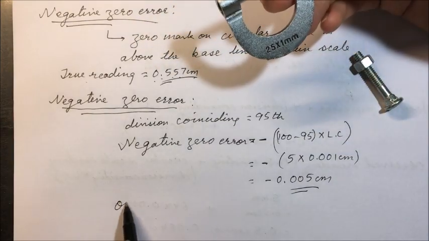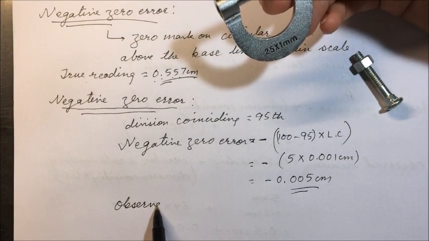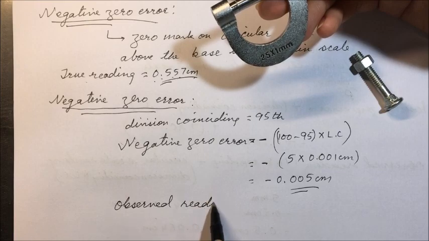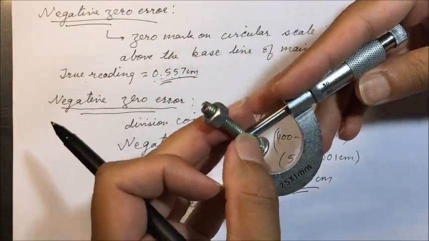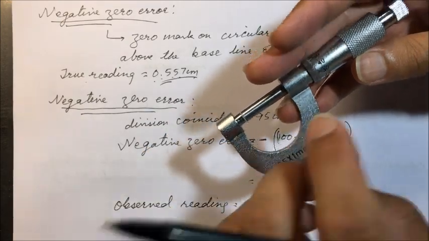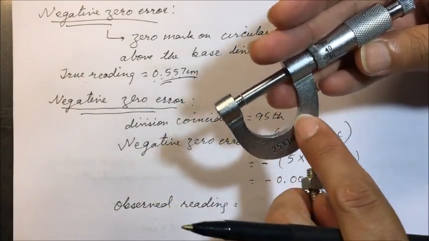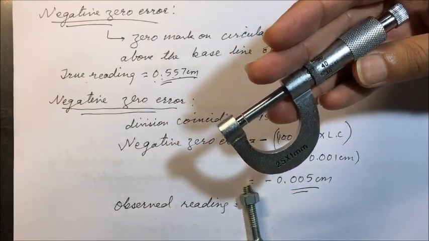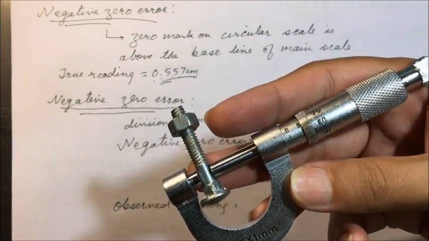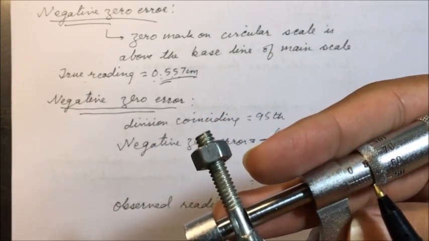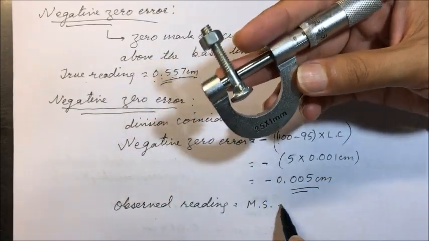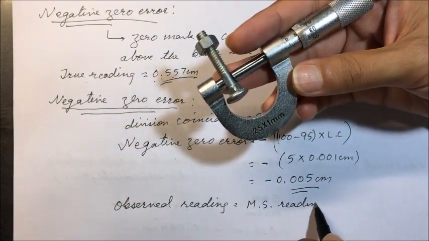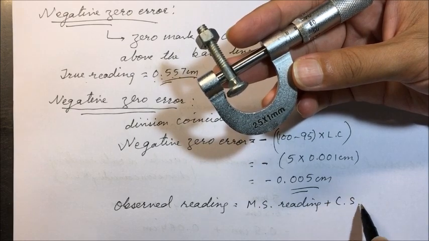Now observed reading. We will be measuring the diameter of this screw with this faulty instrument, the instrument having negative 0 error. So observed reading equals main scale reading plus circular scale reading.